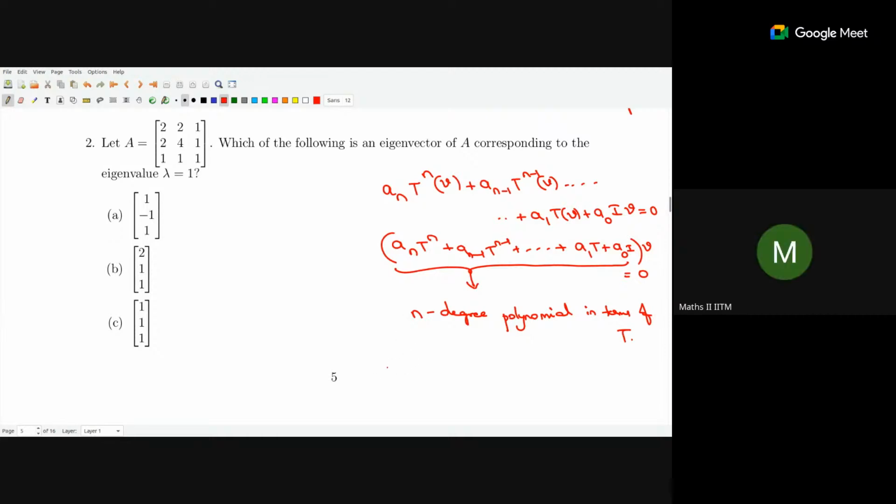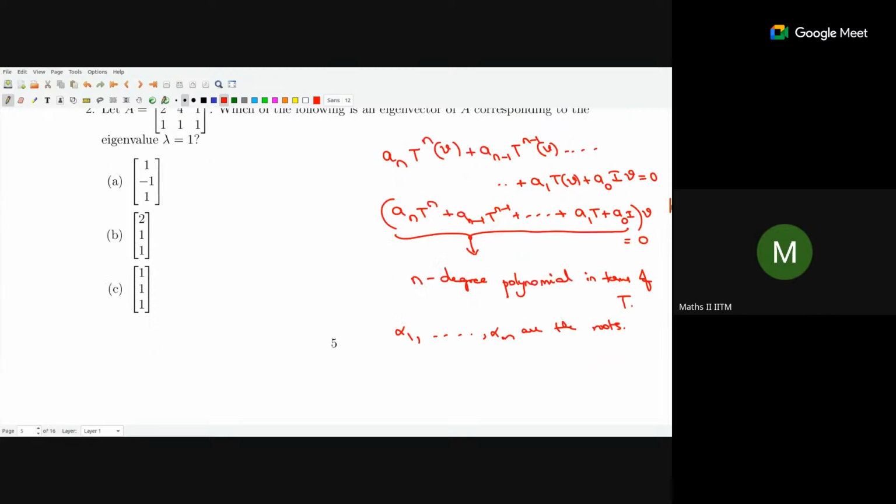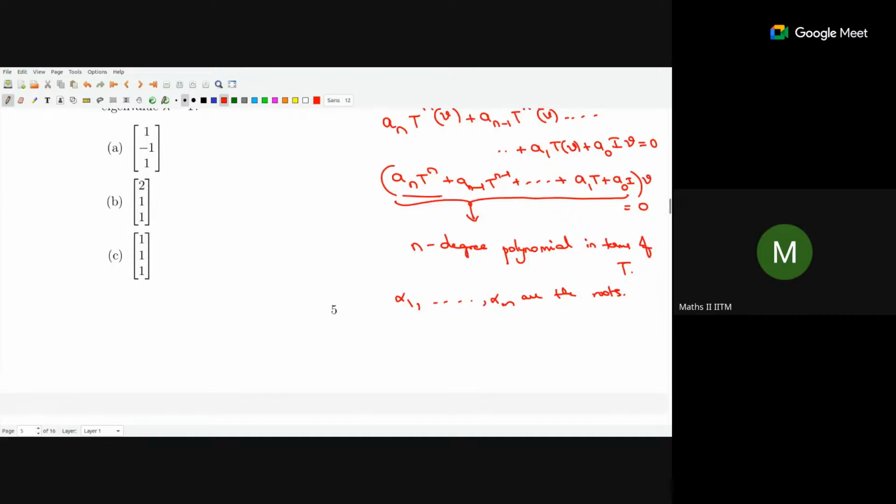Now, let's say alpha 1 to alpha m are the roots. Then how can I write this whole thing?